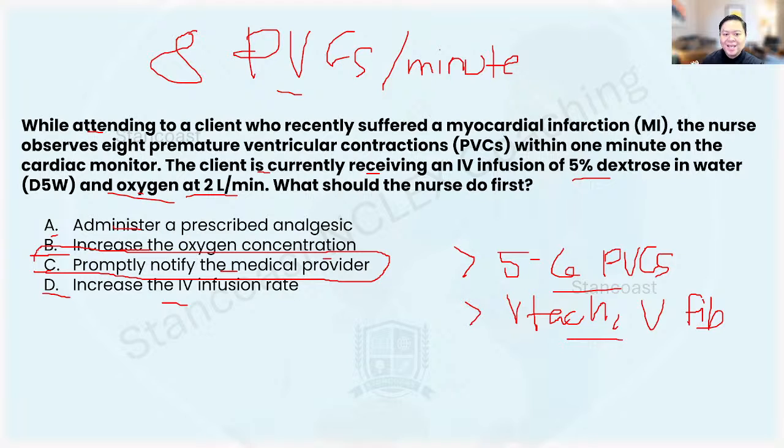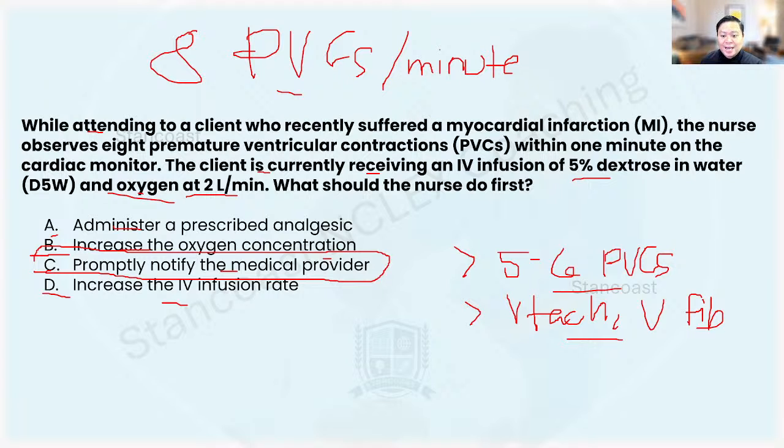So there are no indications to administer an analgesic, or to increase the concentration of oxygen, or to increase the flow rate of the IV. And so at this point, in order to prevent a more life-threatening complication, we notify the doctor so they can give us medication orders to control the irritability of the ventricles, okay?